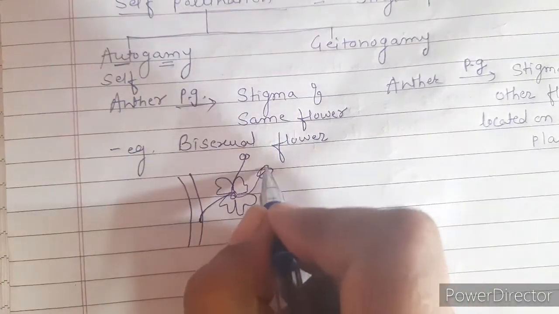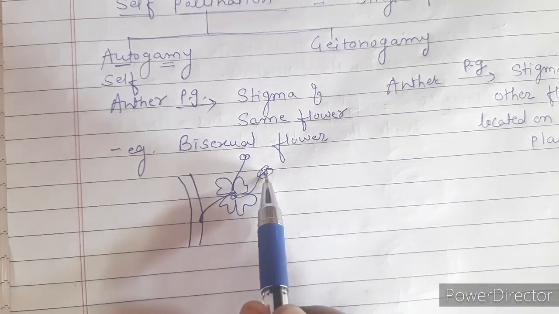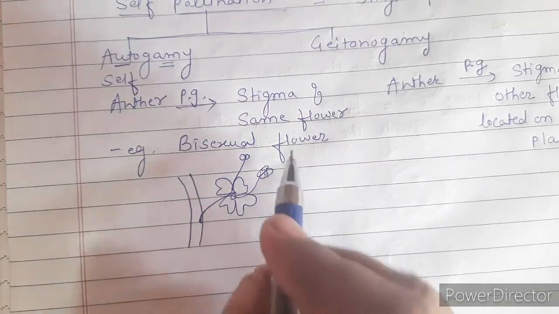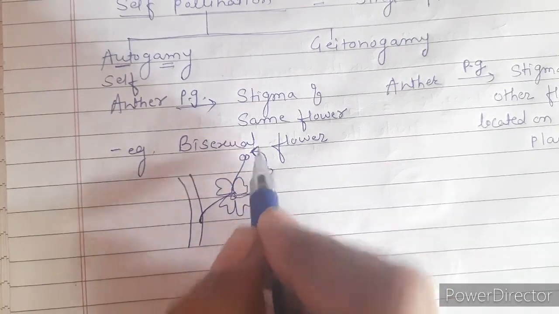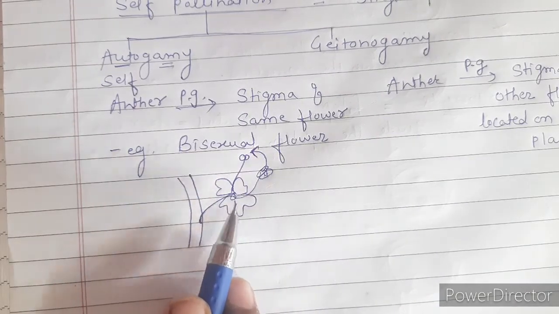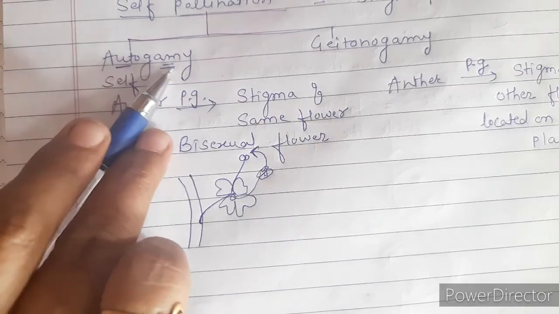Now here the pollen grains, no doubt you know, are produced inside the pollen sac, that is inside the anther. When these pollen grains are deposited on the stigma of the same flower, this type of pollination is known as autogamy.